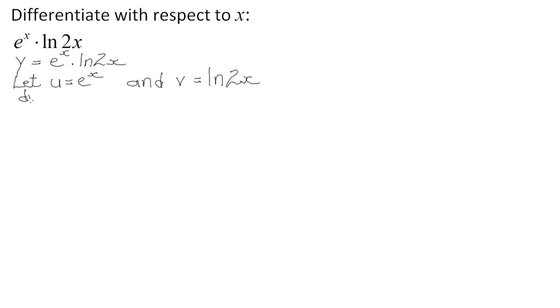According to my formula sheet, du/dx. Go to my formula sheet, formula number 12, e^x remains e^x. dv/dx, once again, my formula sheet, remember we've dealt with this before, formula number 11, k is 2, so it's going to become 2 over 2x, which is equal to 1 over x.